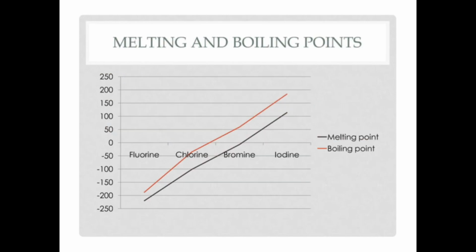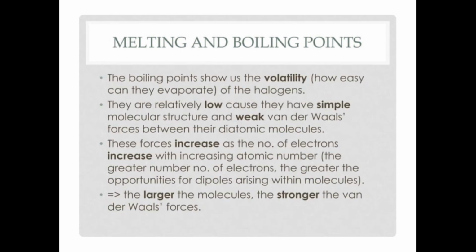Then let's look at, interestingly, the melting and the boiling points of the halogens. You observe that the melting and boiling points are also increasing down the group.